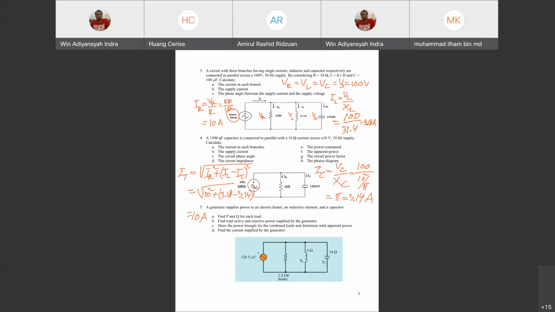Since we found the current for the resistor, capacitor and inductor, we are going to use the currents, where the formula is inverse tangent of IL minus IC over R, the angle.